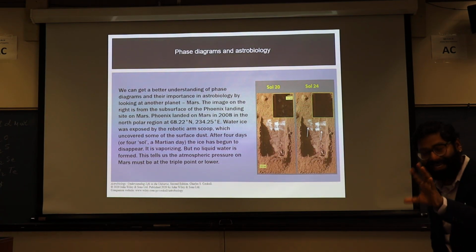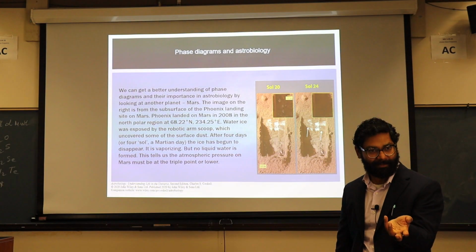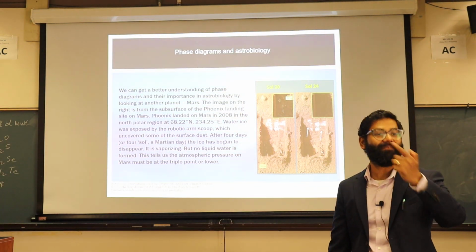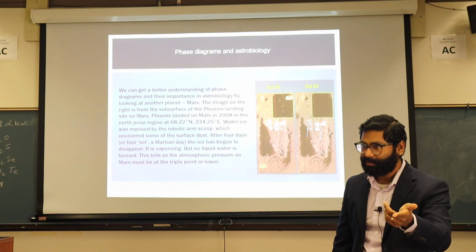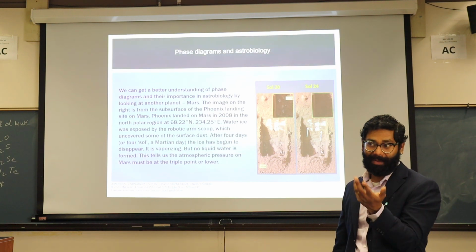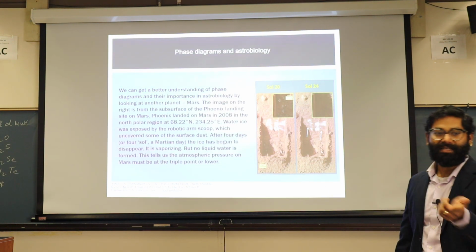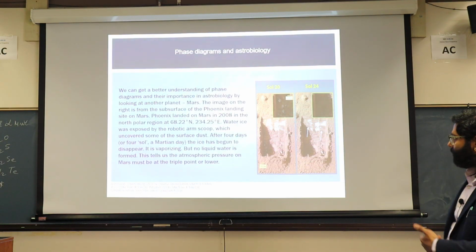Given the PT condition, pressure temperature condition on the surface of Mars, ice was evaporating, or sublimating actually. So you have solid sublimating into, it's not becoming water, we don't see that, but it is sublimating into water vapor.